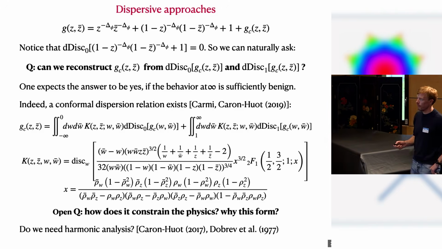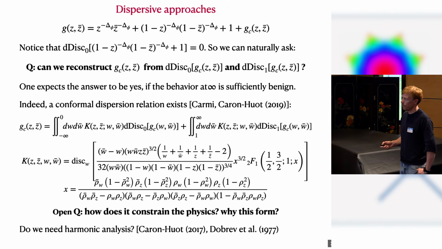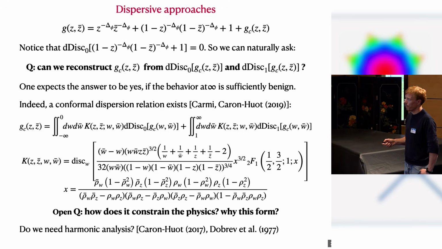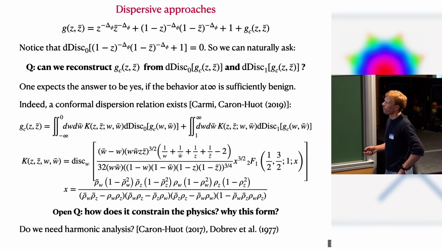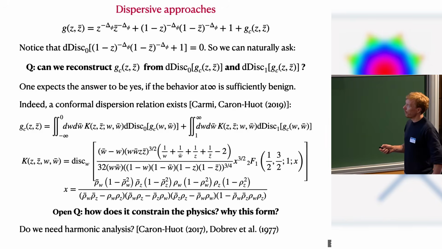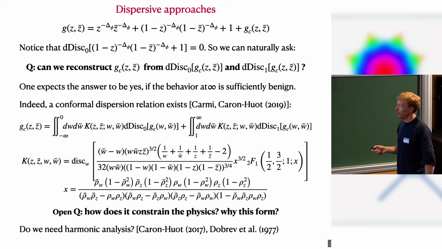The easiest way to write this kernel is as a discontinuity in W of this kind of thing. So I think this is the kernel for the left bit, not for the right bit. But you see what happens. It should be a function of 4 variables, z bar, rho, w, and w bar, and they enter in these crazy combinations.